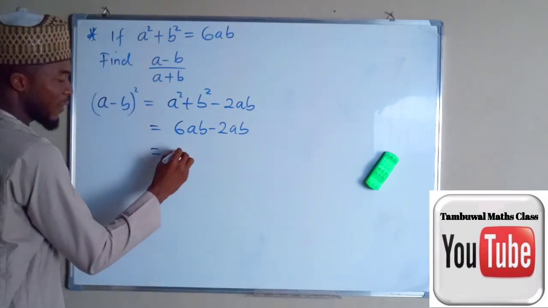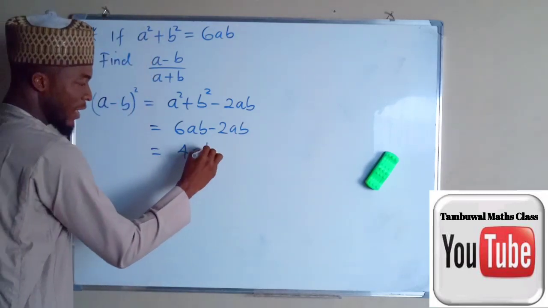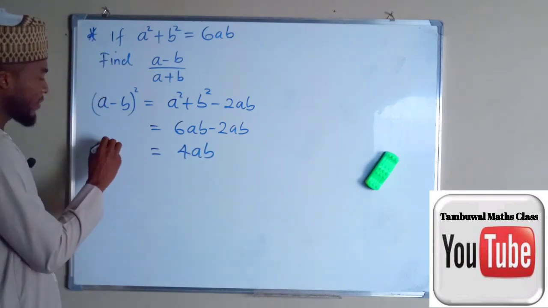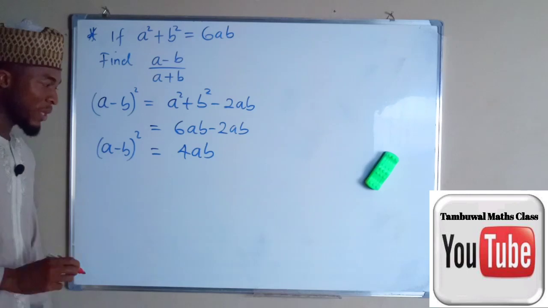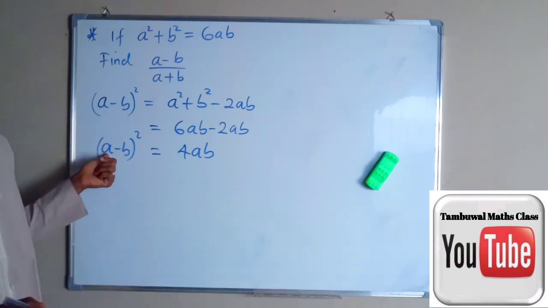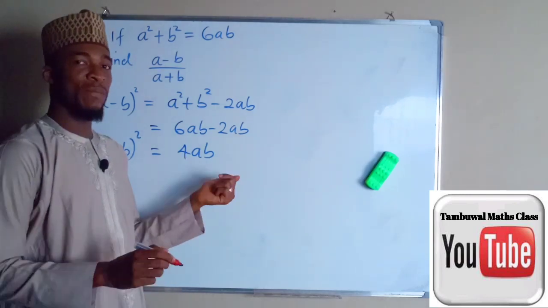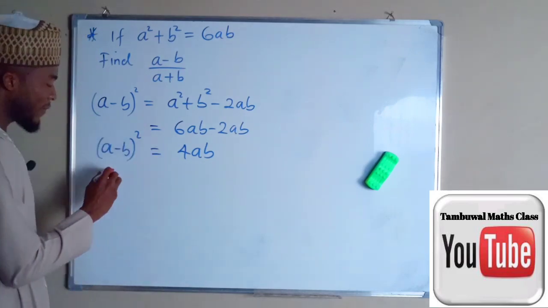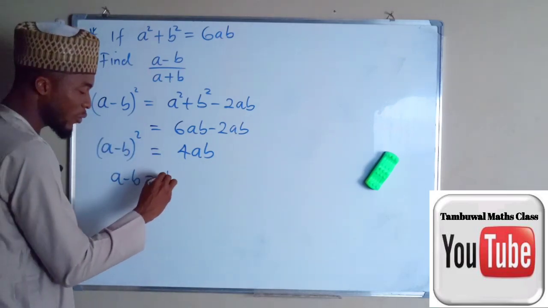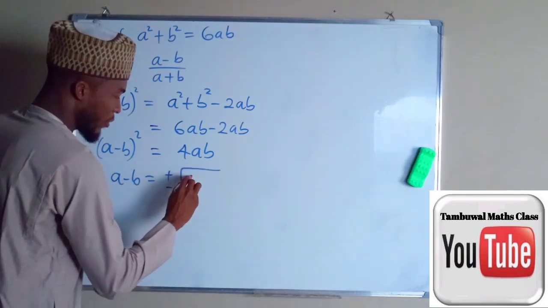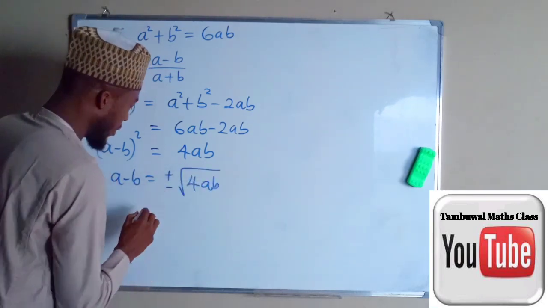And this altogether equals 4ab. And to the left hand side, we still have a minus b to the power of 2. Remember, we are looking for a minus b. Therefore, we can take the square root of both sides. If you take the square root of both sides, you are going to obtain a minus b to be equal to plus or minus square root of 4ab.